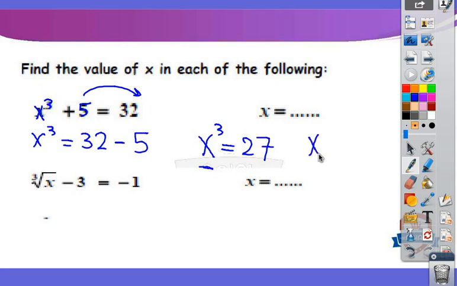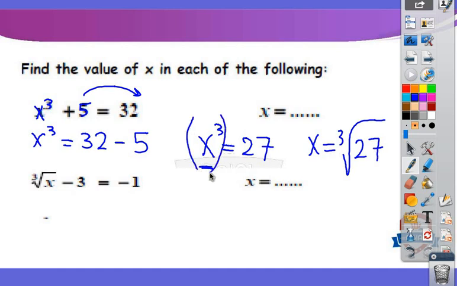X here will be the cube root of 27. Why? Because we have x to the power of 3 and I need to find x.